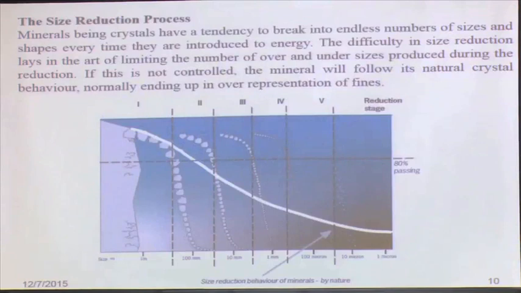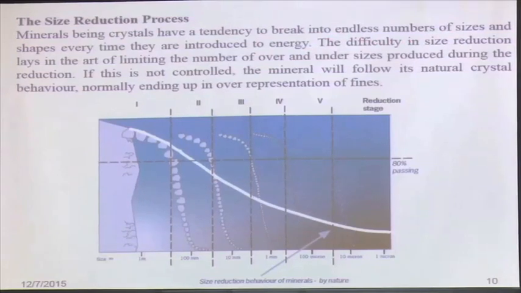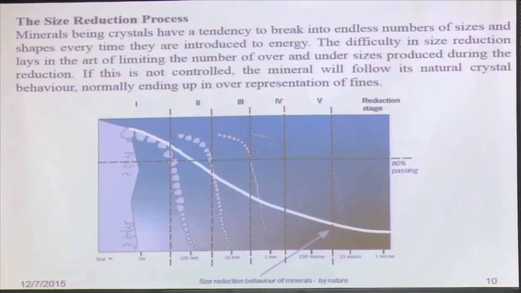So, in the size reduction process, when we are breaking, naturally the minerals are crystals and they have a tendency to break into endless numbers of sizes and shapes. What I am trying to say is, if you put a particle and give it some kind of stress, it could be mechanical stress or something created by some other means, it will have a tendency to follow a distribution like this, from very coarse sizes to very fine sizes.